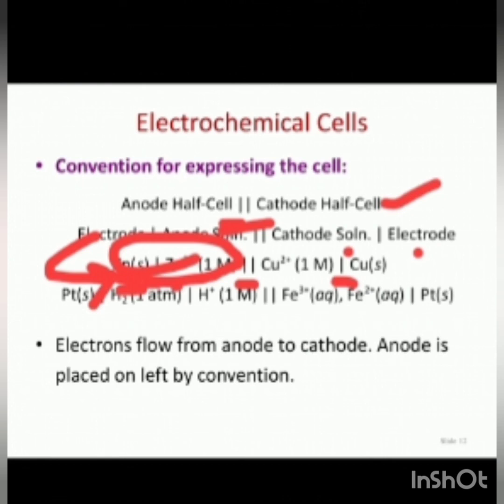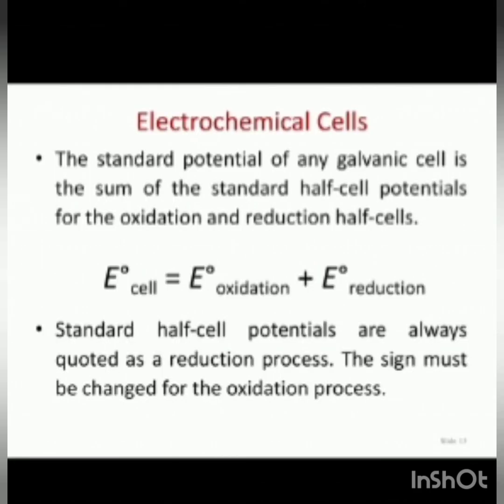The two half cell reactions are distinguished by two vertical lines. Now we come to the topic of electrochemical cells. The standard potential of any galvanic cell is the sum of the standard half cell potentials for the oxidation and reduction half cells.